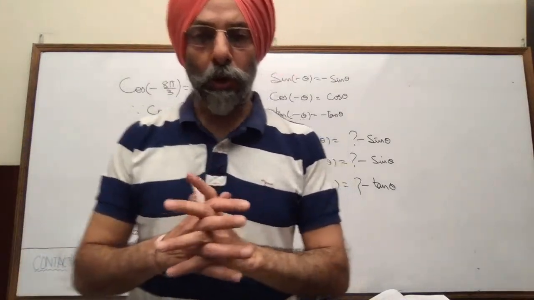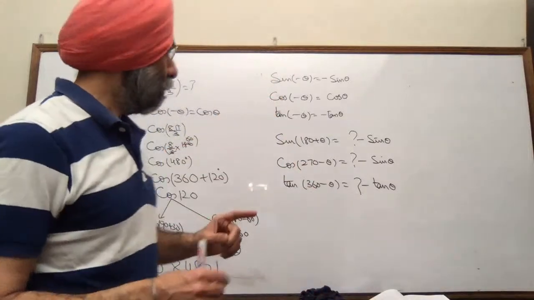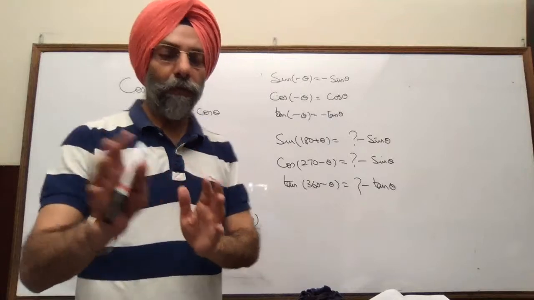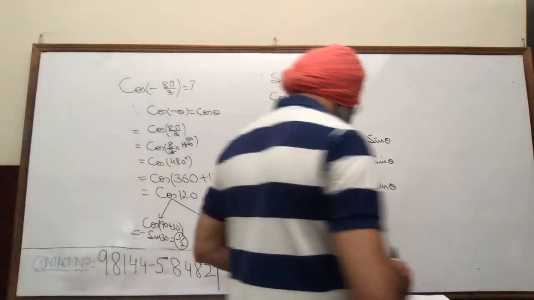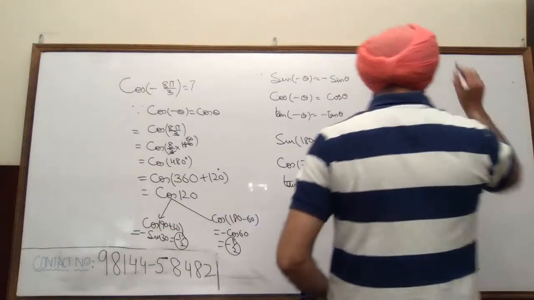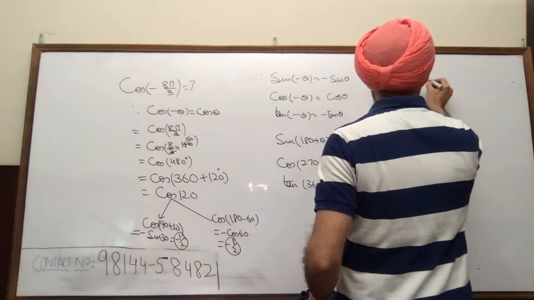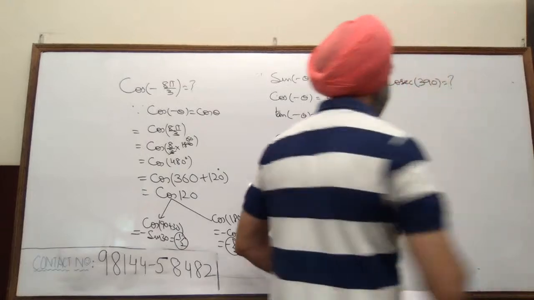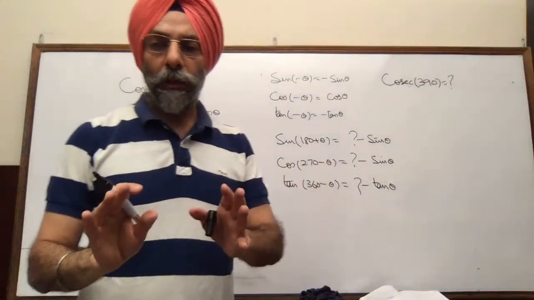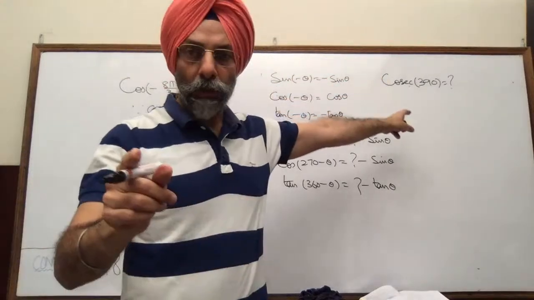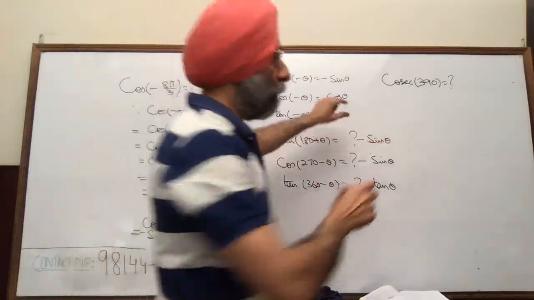Okay, so another question based on this. First I am going to solve, after that I will ask you certain questions. Now the first one is, let us say we have to find out the value of cosecant of 390 degrees. Now let me solve this question. Cosecant of 390 degrees means that it has completed one complete rotation.